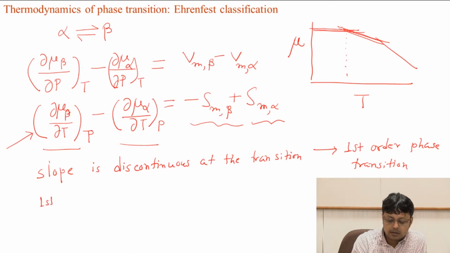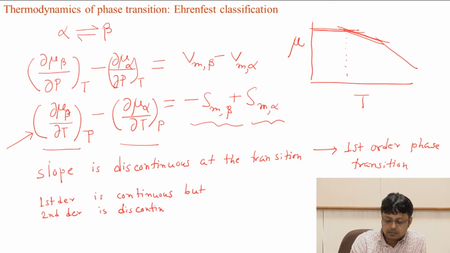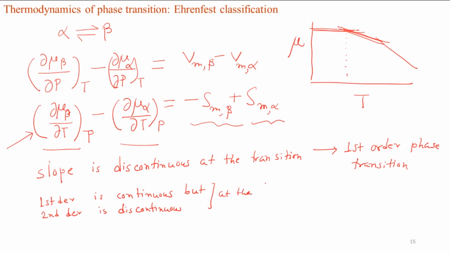And if the slope, or the first derivative, is continuous, but the second derivative is discontinuous at the transition, then we call it a second order phase transition.